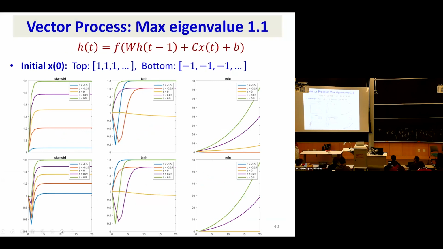I can do the same thing with vector recursion, and you're going to find pretty much the same behavior. What you will find is that after a certain amount of time, what remains in the recurrent layer? If I give a single input at time 0 and no further inputs, and analyze what is stored in the recurrent layer, after a certain number of time steps, what is stored is a function of what?